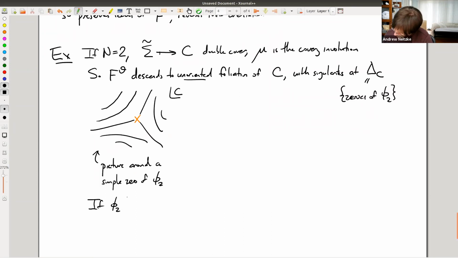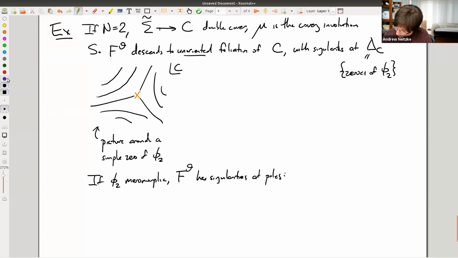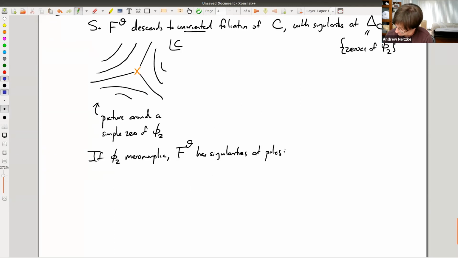So if our quadratic differential was meromorphic, then f theta, you can think of it as being a foliation of the whole surface, but with some singularity at the poles. What those singularities look like depends on the order of the pole, but here's the kind of typical pictures.